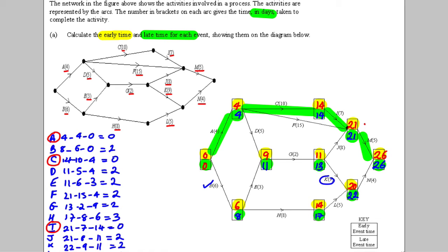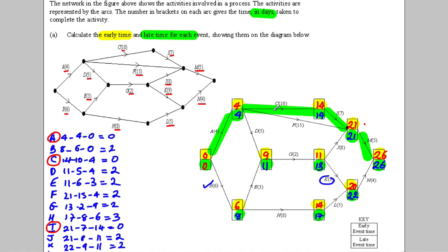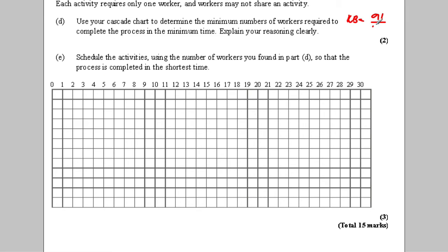So the lower bound for this, for me, it's just useful, is 91 divided by the length of the critical path, which is, we said, what, 26. So if I did 91 divided by 26 on my calculator, what would I get?